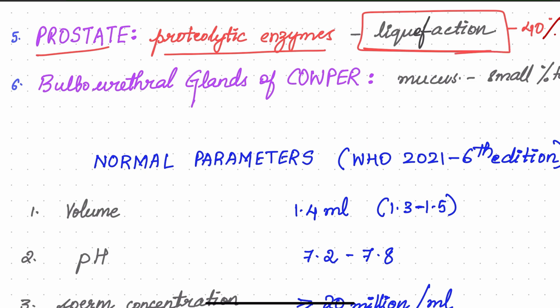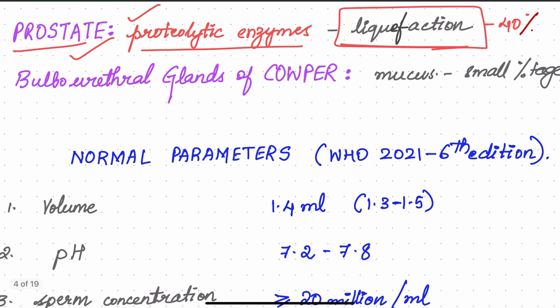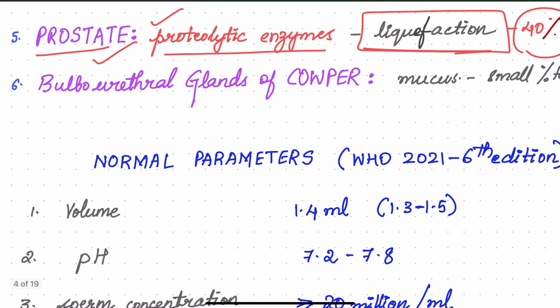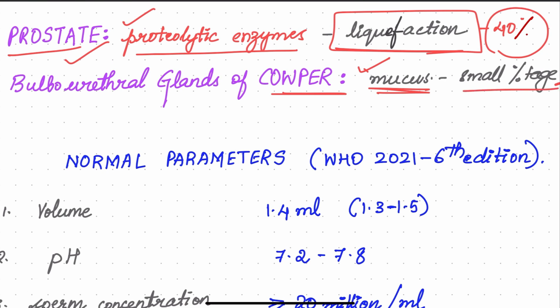These enzymes are produced by the prostate, and the prostatic secretions contribute 40% to the semen volume. Also, there are Cowper's glands, the bulbourethral glands of Cowper, which secrete mucus, which gives viscosity to the semen, but they contribute a very small percentage.